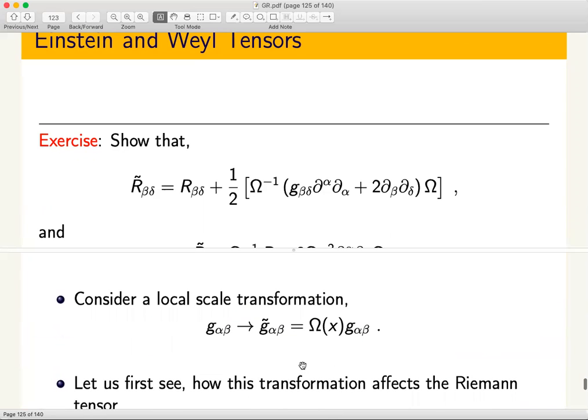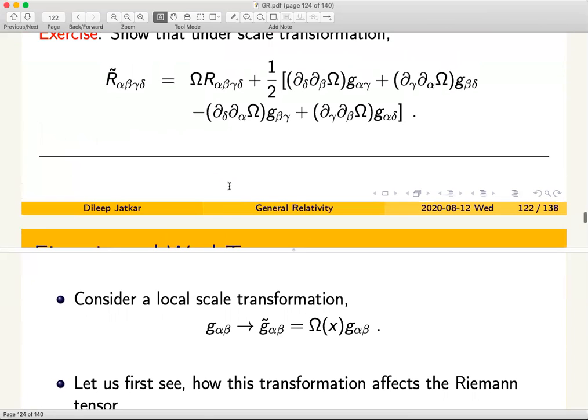So instead of doing this transformation, suppose you do this entire transformation times lambda, where lambda is just a number, just a global factor. Then the Riemann tensor transformation would have a lambda here and a lambda here. This entire expression would also have a lambda sitting around.